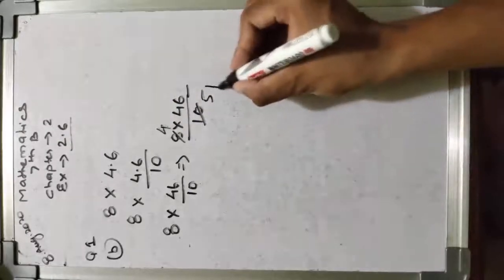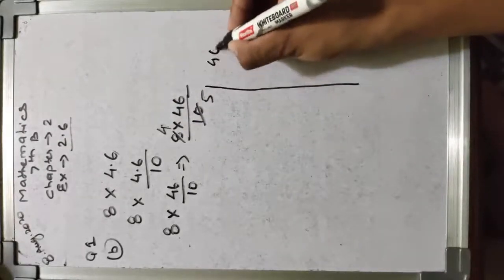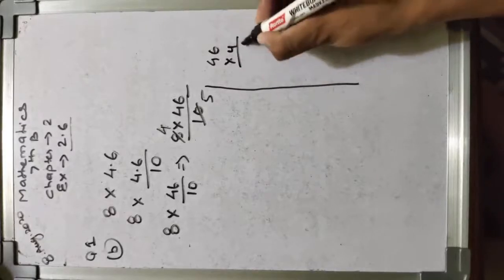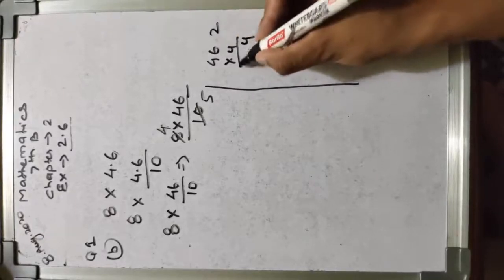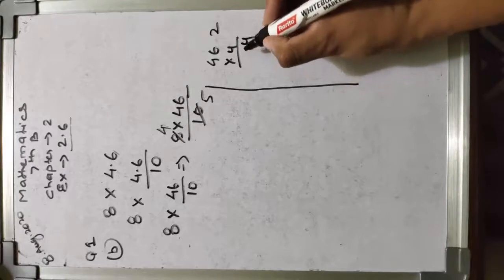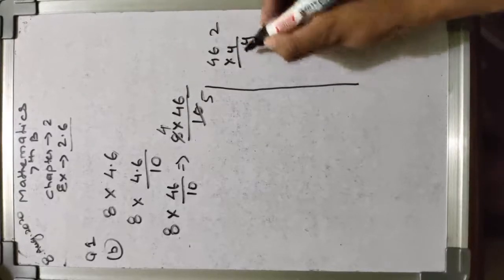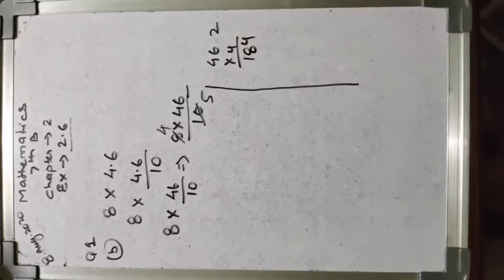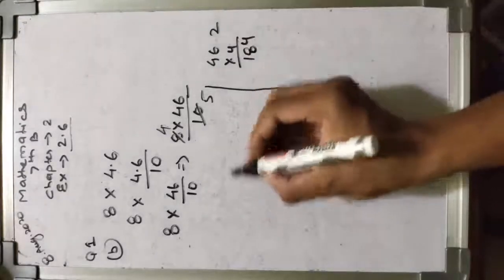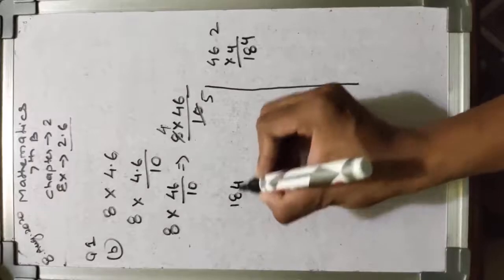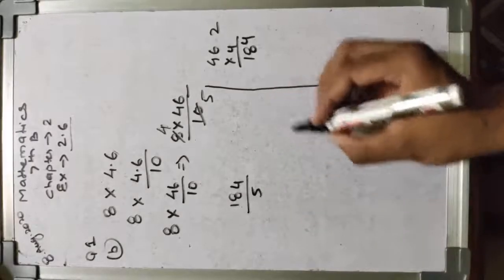I am multiplying 46 into 4: 6 4s are 24, carry 2, 4 4s are 16, and 2 is 18. 184. So 184 divided by 5. Now you have to just divide it.